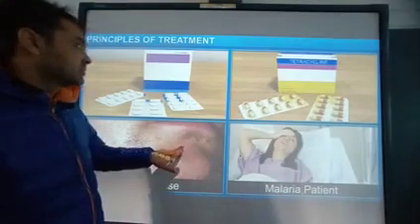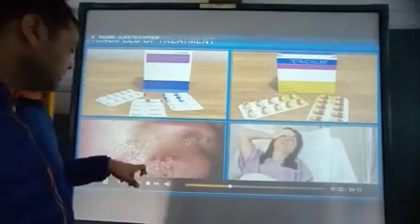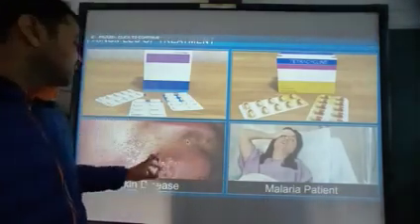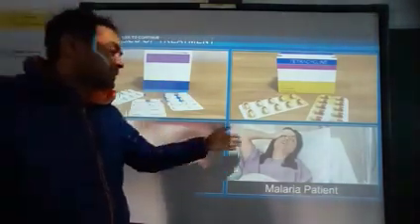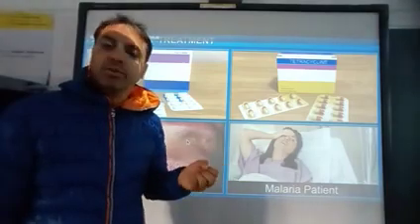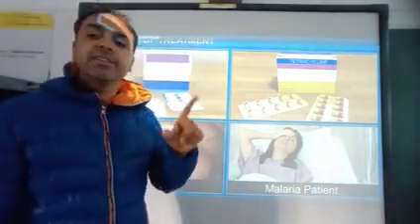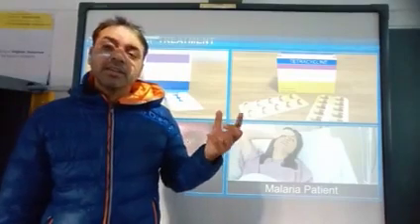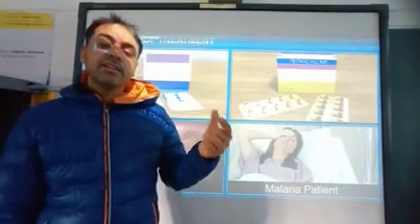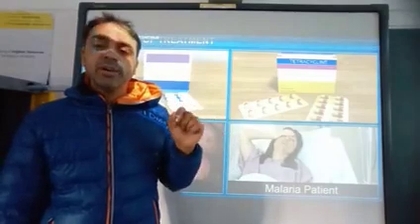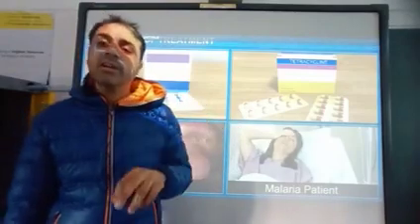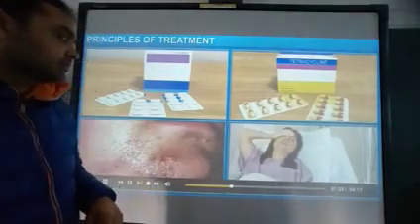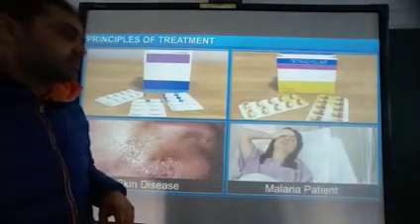So the patient has to see, these are the different medicines for the different diseases. A skin disease patient and a malaria patient have two different types of microorganism, so we cannot treat them with the same type of medicine. For that we require different types of medicines. So it is difficult to treat different diseases with a particular medicine. We have to take medicines according to the type of microbe that has caused the disease.